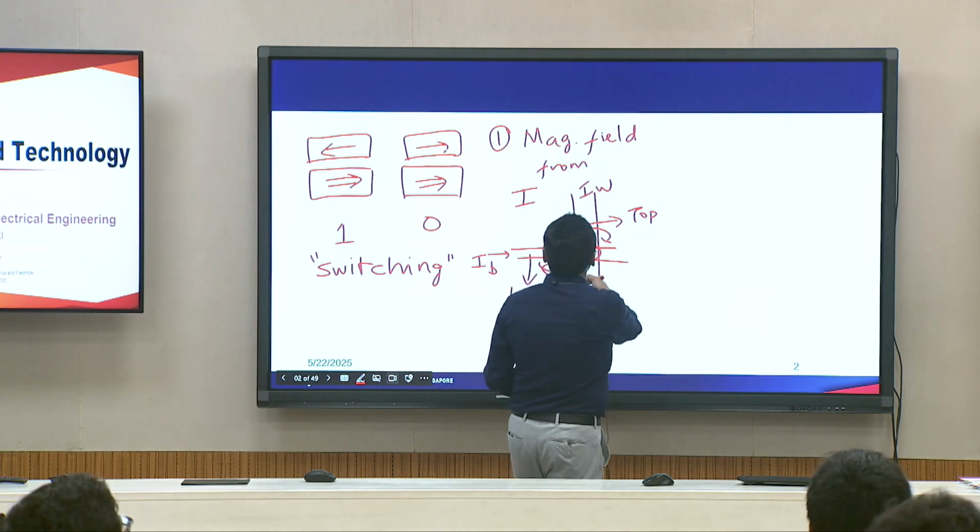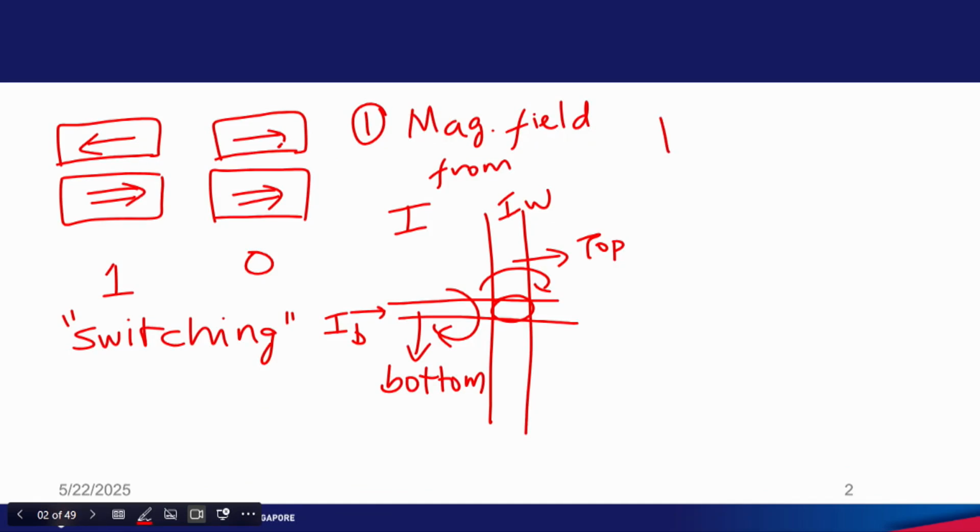Let us say one field is parallel to the easy direction, and let us call it H_EZ. In the absence of any magnetic field, we have this kind of energy landscape, with the energy barrier E_B, which is K_U V. We have two easy directions.